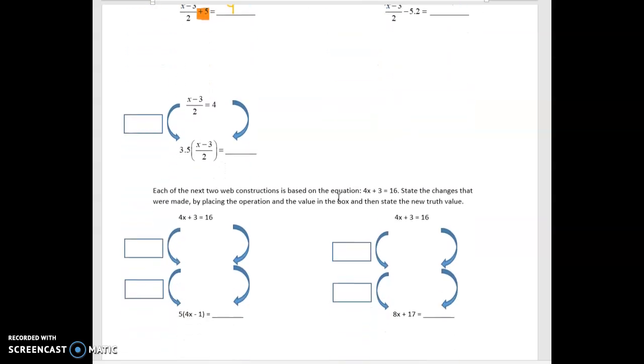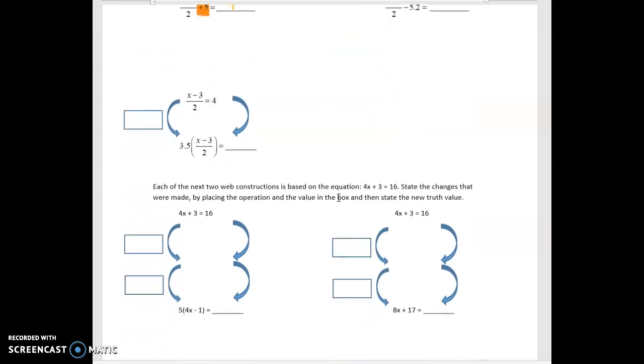Let's look at one down here where we have two alterations that have happened. We have to figure out what happened kind of in the middle so we can get to the bottom. And so there's these two examples here. In this particular case, I'm looking at 4x plus 3, and down at the bottom I have 8x plus 17. And so I'm looking that the 4x changed to an 8x, and so that's probably by multiplication.